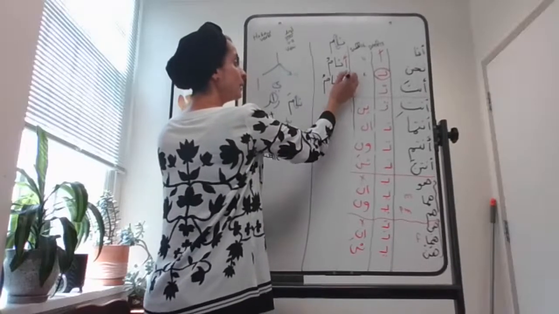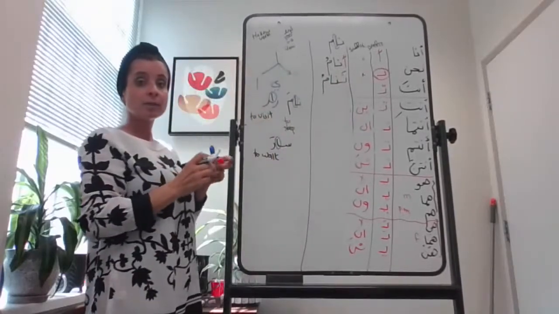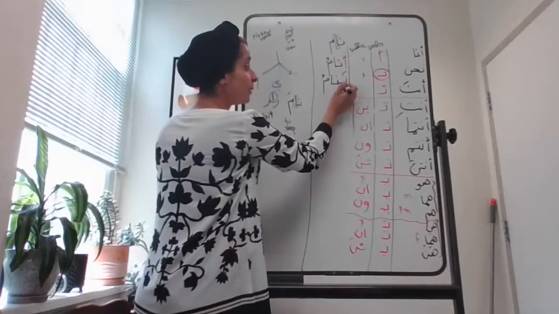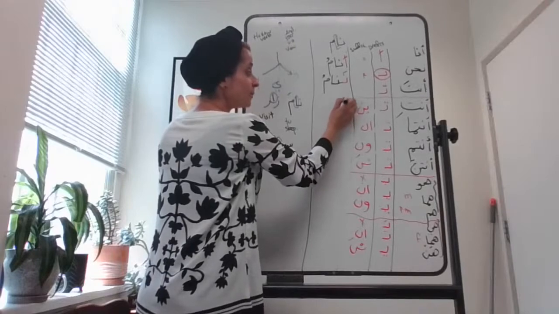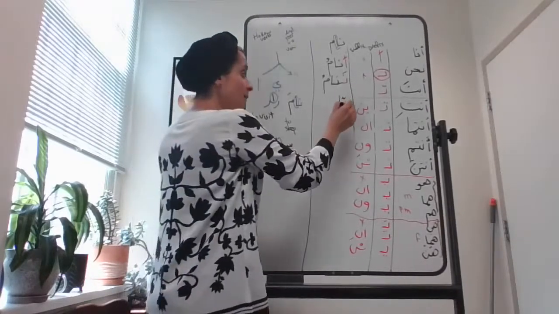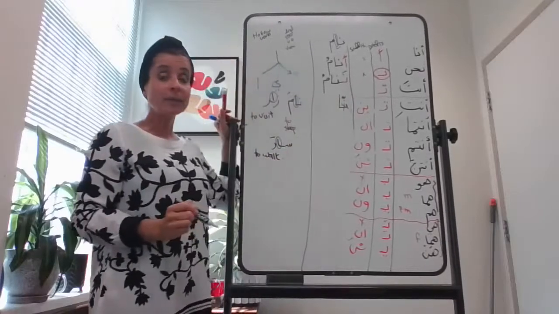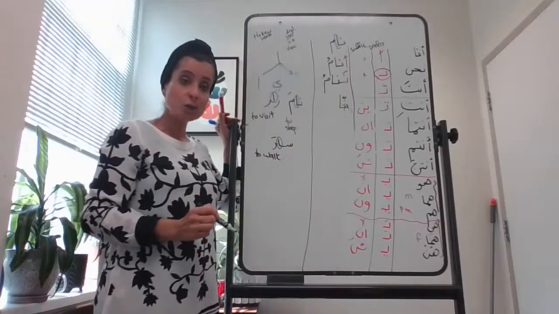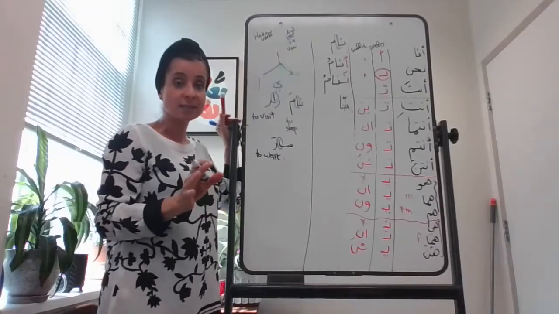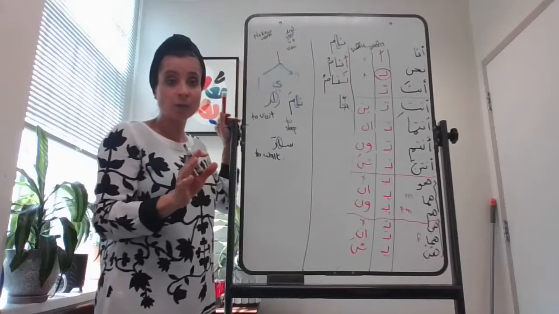Now, some people sometimes double the two noons. I see my students sometimes write the noon with shadda. This is a big mistake. In Arabic, we cannot use the shadda in the beginning. We cannot double consonants in the beginning of any word in Arabic.